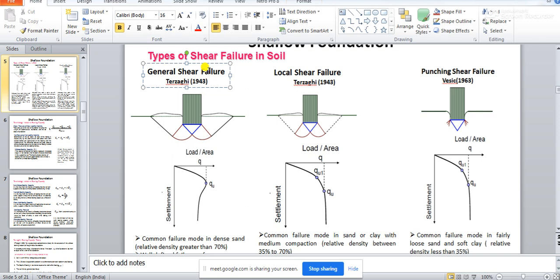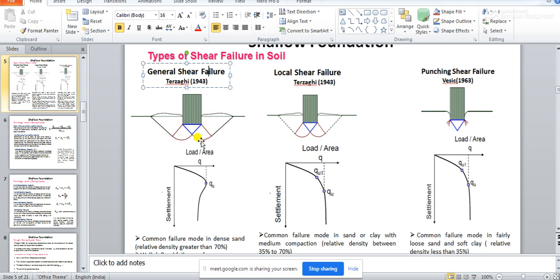He saw that in case of dense sand, where the relative density of soil is more than 70%, when a footing is loaded, there are three prominent demarcable zones.